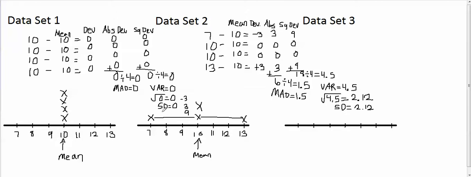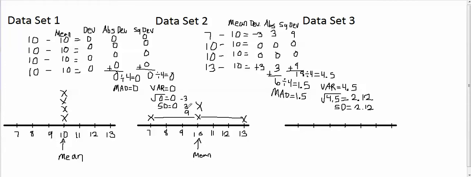So, what this is saying is that 7 has a deviation of -3. It's 3 below. What that's saying is that 7 is 3 below the mean of 10. That's where the negative sign comes from. It means 3 below. What this is saying, the absolute deviation, is just 7 is 3 away from the mean of 10.